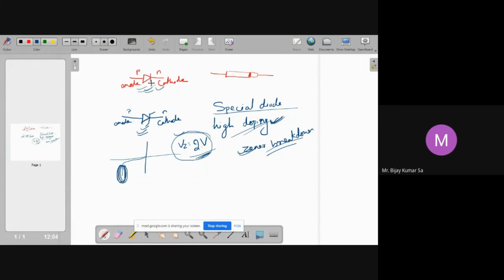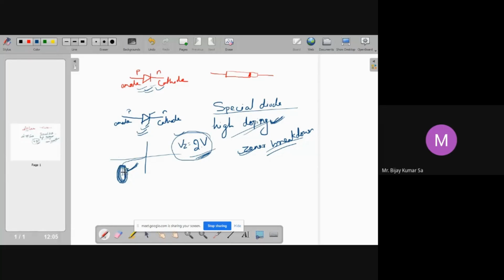But the zener diodes can be operated in this zener region for their entire lifetime. So the zener diode is meant to be used in this zener region only.